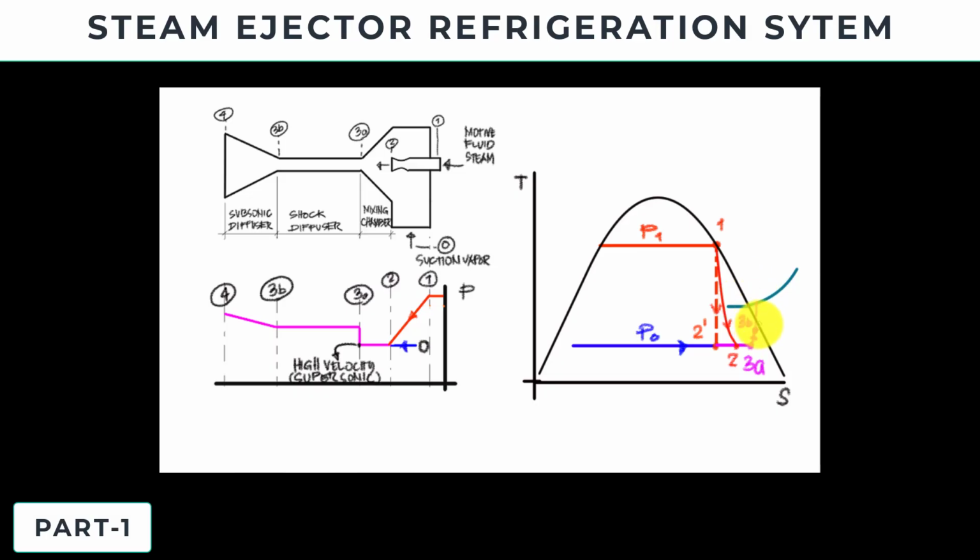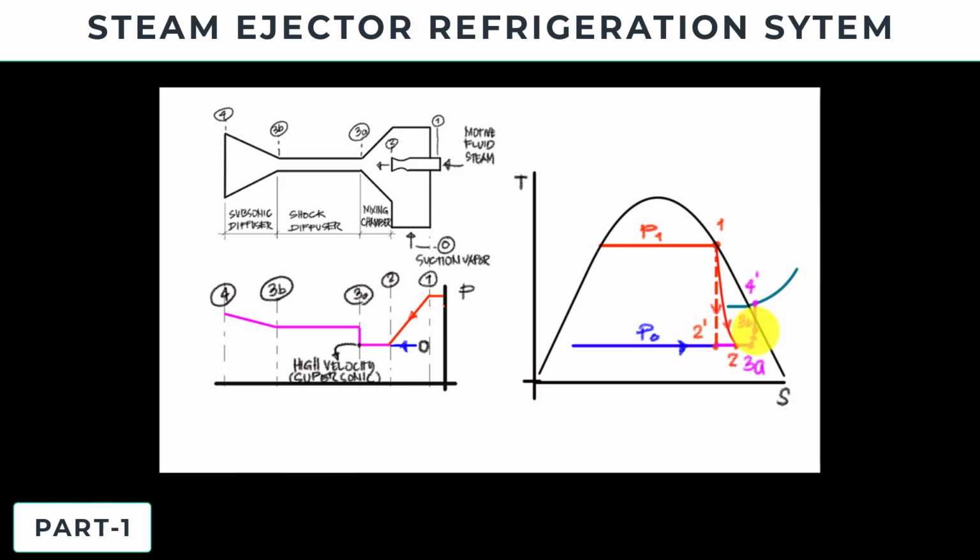So let me redraw that one line. It must be a straight line coming right toward here, since it is an isentropic expansion, which is 4 prime. Now, since the nozzle has an efficiency, it varies.